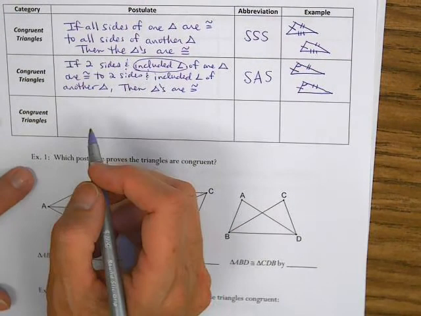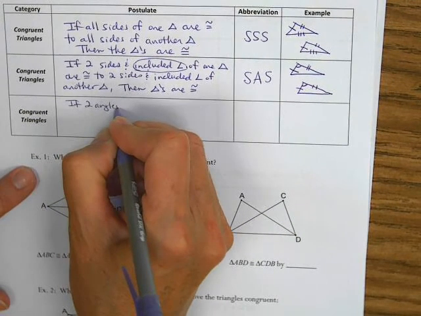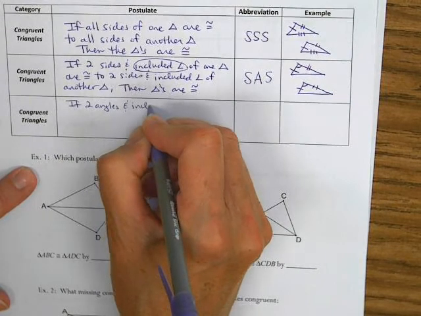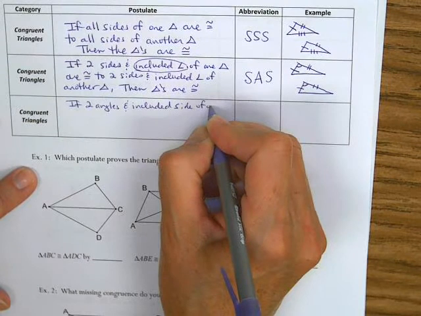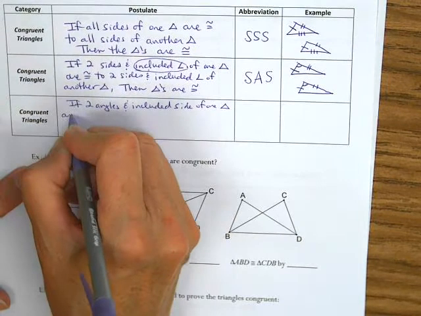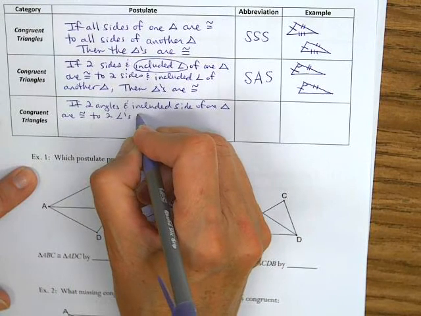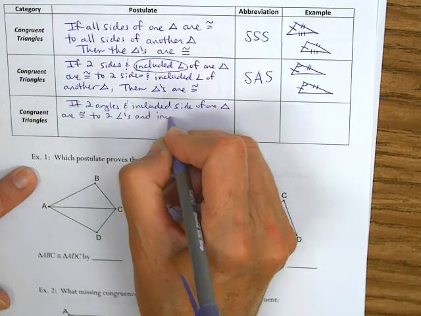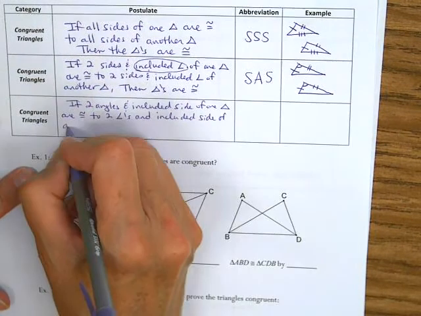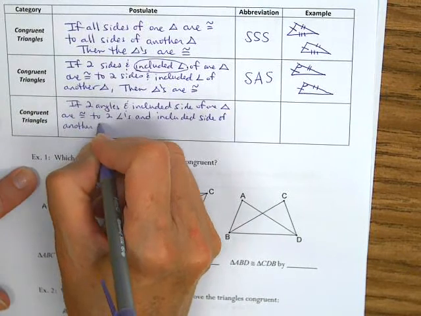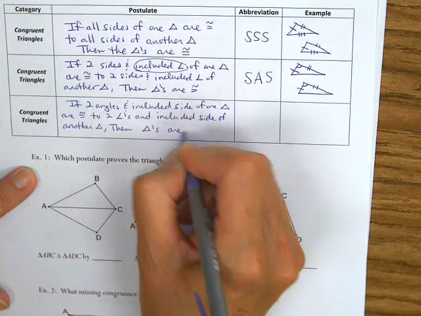The last one, sort of the reverse of that, says if two angles and the included side of one triangle are congruent to two angles and the included side of another triangle, then the triangles are congruent.